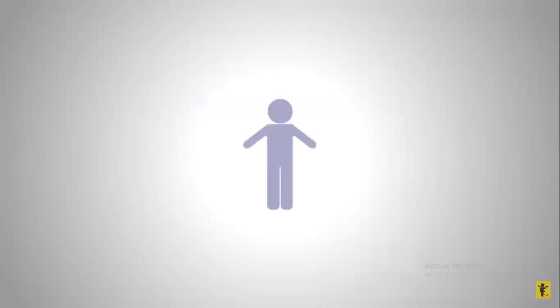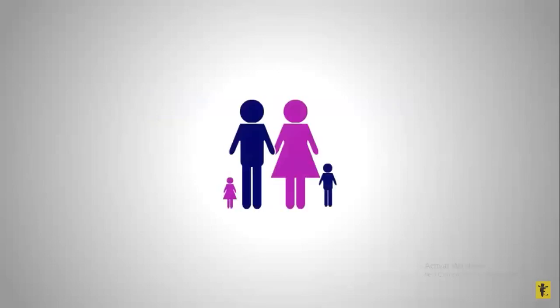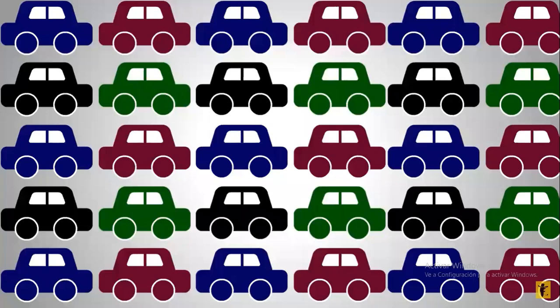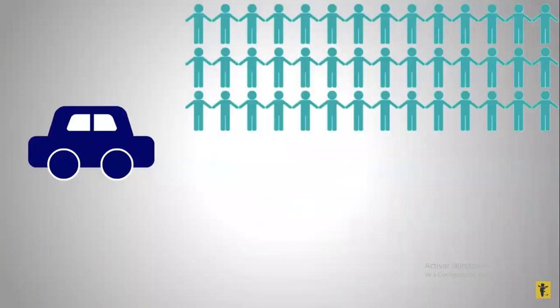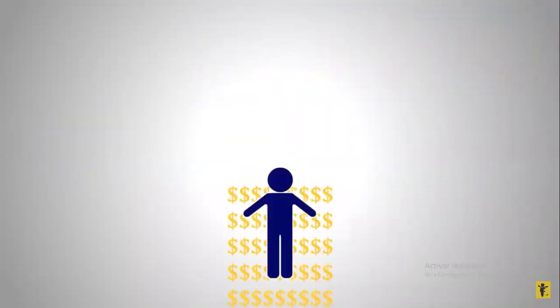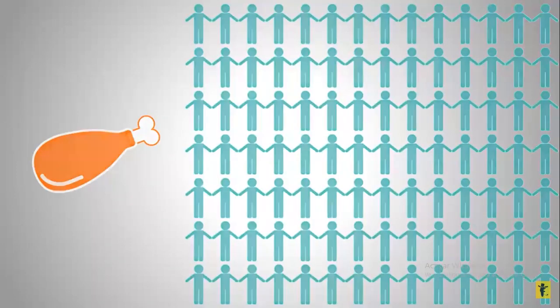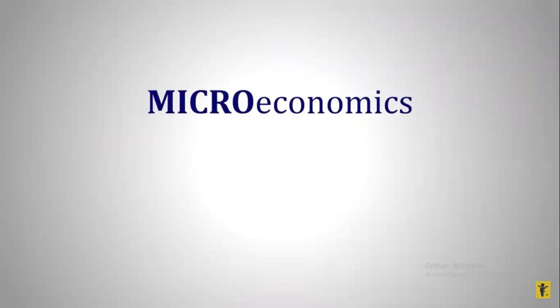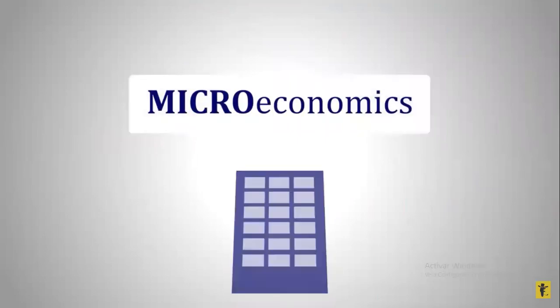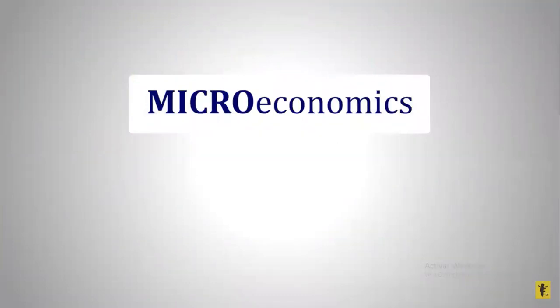It can mean one consumer, one household, one firm, or even one industry. Some questions we aim to answer in microeconomics are: if price of cars go up, what happens to consumer demand? If income levels of people increase, how will demand for meat change? So microeconomics deals with the individual parts of the economy. When you hear microeconomics, think small.